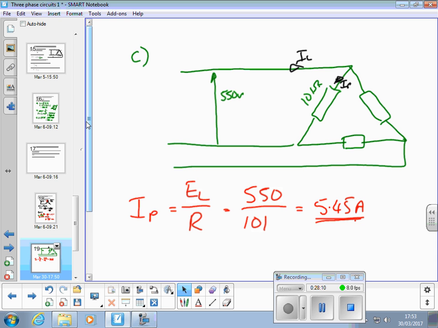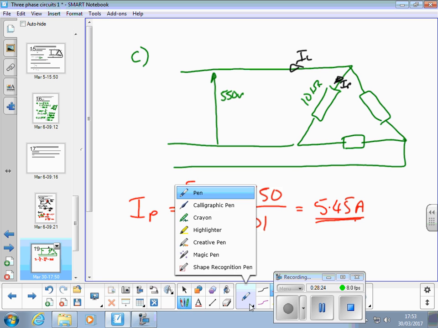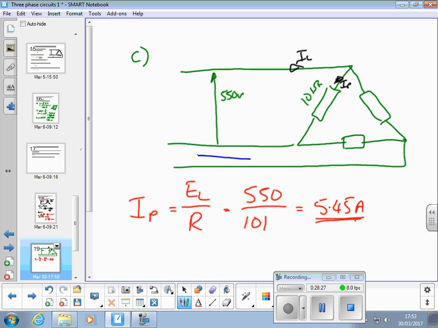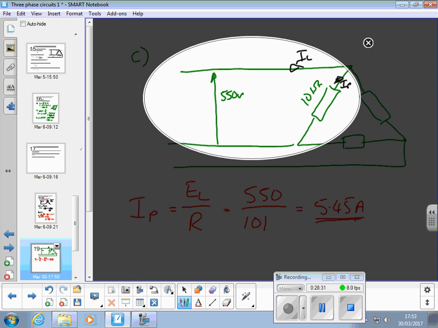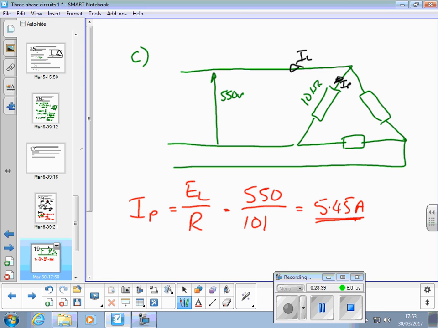We didn't really consider that yet, but it is. So that voltage is a 550 line voltage. We're isolating that circuit there and analysing that, and then saying we got that 3 times, because they're the same.